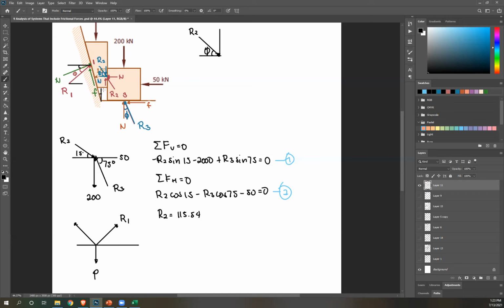Therefore, complementary to 15 is, wait, yeah. Okay, so since this is 15, right, this is also 15 because they're vertical angles. So this perpendicular angles, this perpendicular to this, and then normal perpendicular to the slope. Okay, again, this is 15. So this also 15, therefore this is 15.